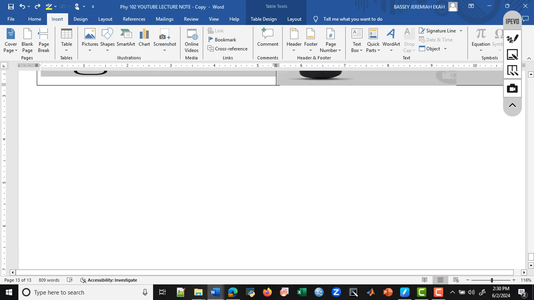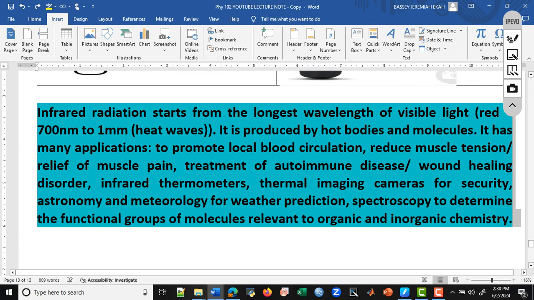I've already explained that. So this statement says infrared radiation starts from the longest wavelength of visible light, which is 700 nanometer to 1 millimeter. If you don't call it infrared radiation, you can call it heating effect or heat waves. So another name for infrared is heat.